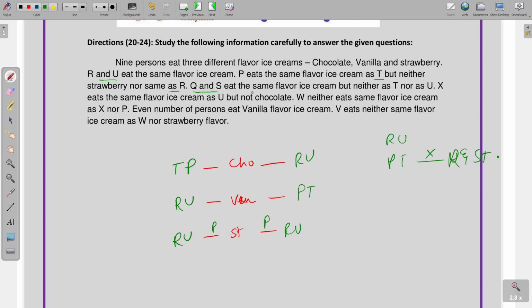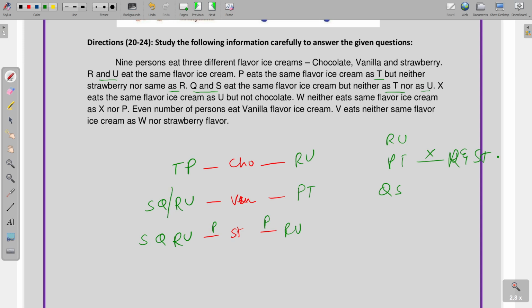Q and S eat the same flavor of ice cream, but neither T nor U. So Q and S both are eating the same flavor, but not the flavor of T and U.